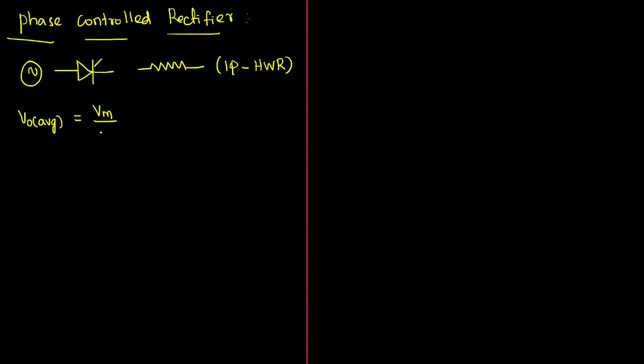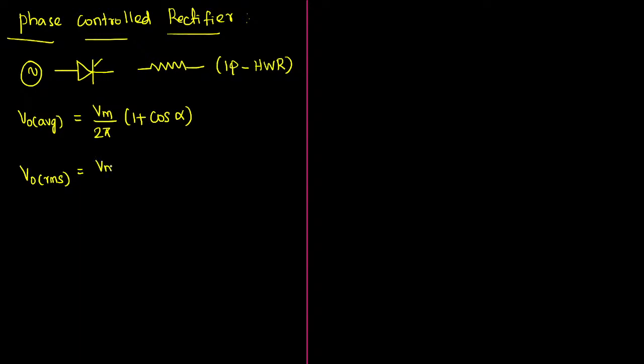Vm by 2 pi into 1 plus cosine of alpha. Alpha is the firing angle. We know that. Similarly, here I am writing the RMS voltage, which is important for this R load rectifier. So here I am giving the RMS voltage.